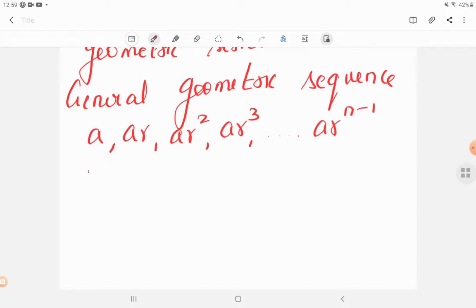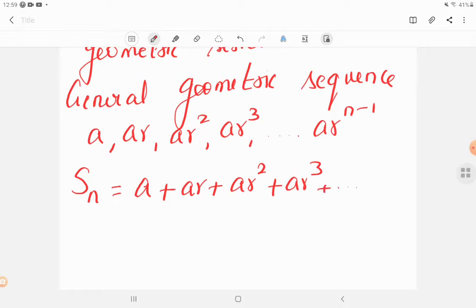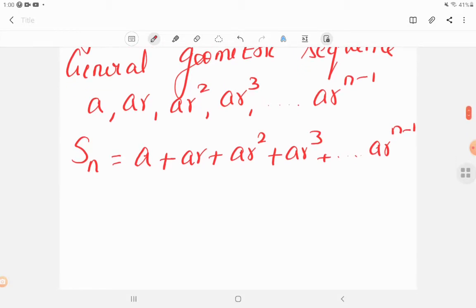How do we write this in terms of series? When we represent the geometric series, we use the symbol Sn. So Sn is equal to a plus ar plus ar square plus ar cube and up to ar to the power of n minus 1. We'll take this as the first equation, and now we will multiply this equation with r.